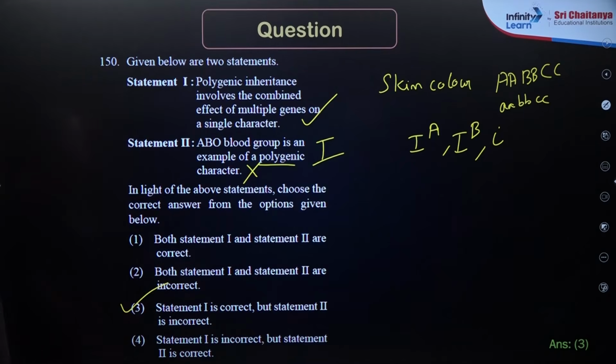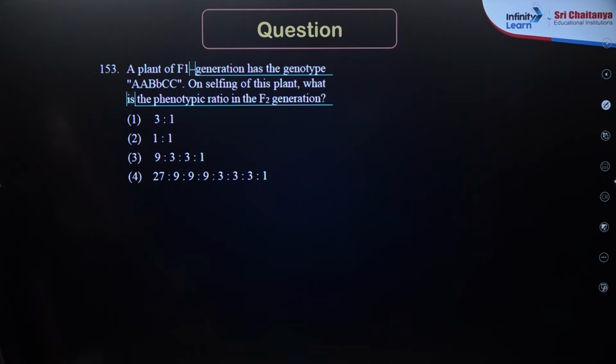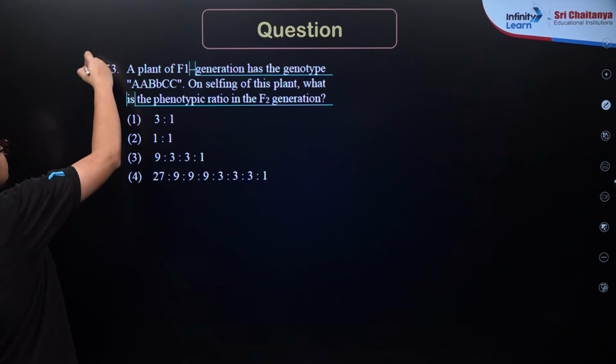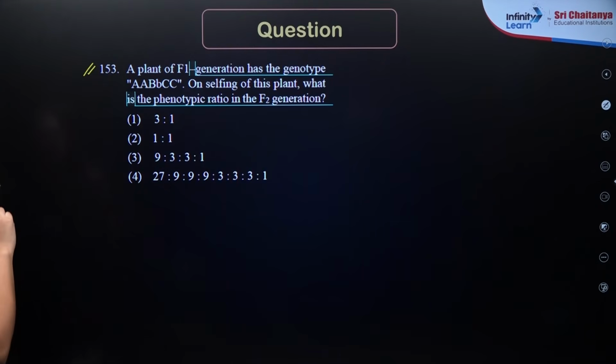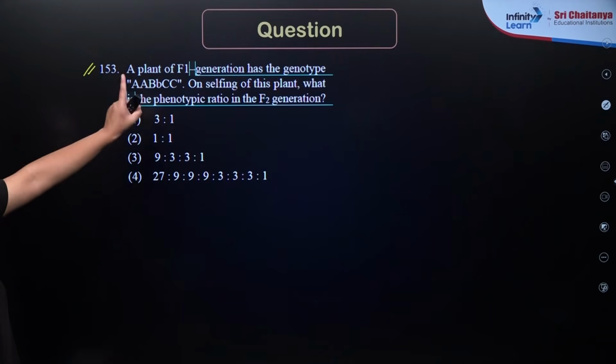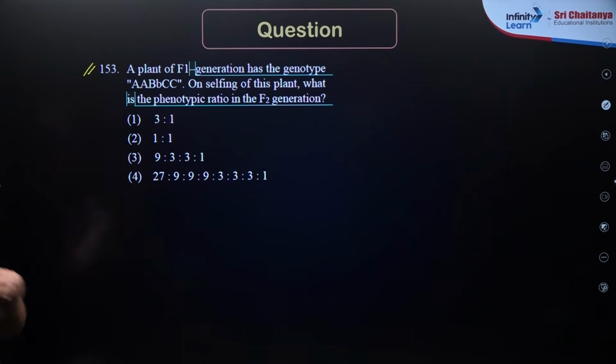Okay. Next question. Okay, this is also a nice question, interesting question. So a plant of F1 generation has the genotype capital A, capital B, small b, capital C, capital C. On selfing of this plant, what is the phenotypic ratio in F2 generation?